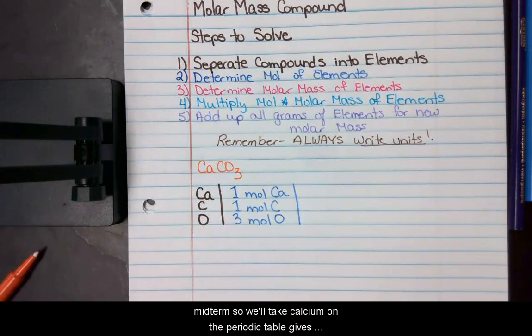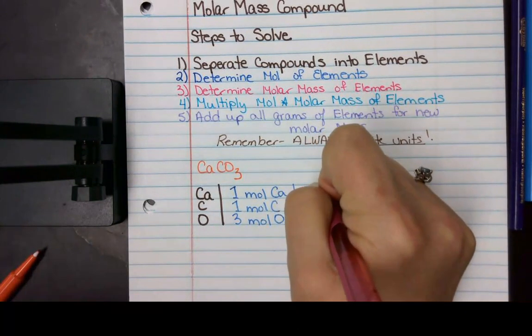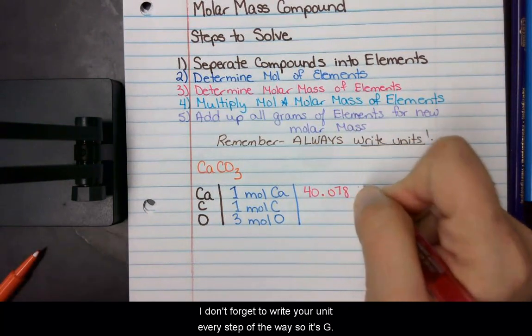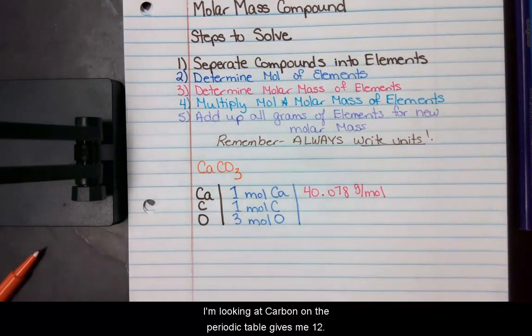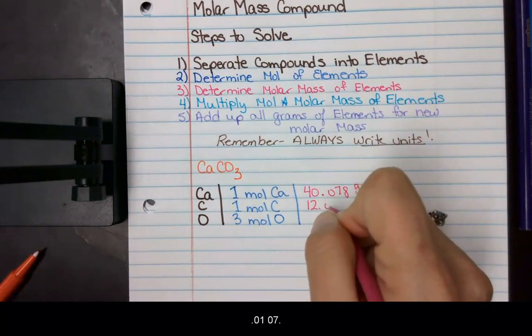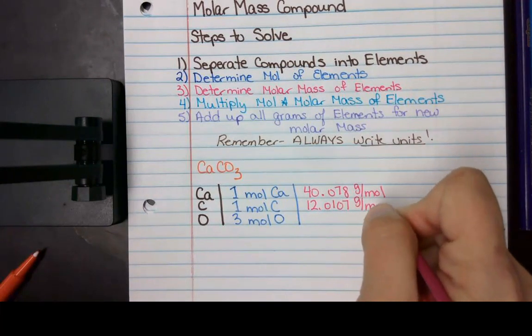So, if we look at calcium on the periodic table, it gives me a molar mass of 40.078. Now don't forget to write your units every step of the way, so it's grams per mole. If I'm looking at carbon on the periodic table, it gives me 12.0107 grams per mole.